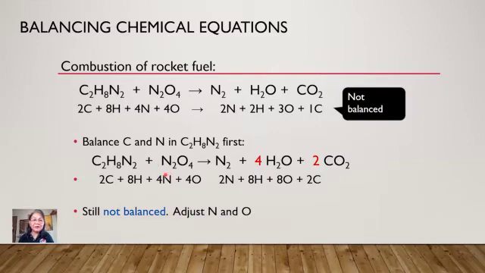And then I would be adjusting my nitrogen because my nitrogen would then be a total of 2 plus 4 equals 6. So I should be adding a coefficient here to make the number of nitrogen atoms equal to 6. And that would be a 3.